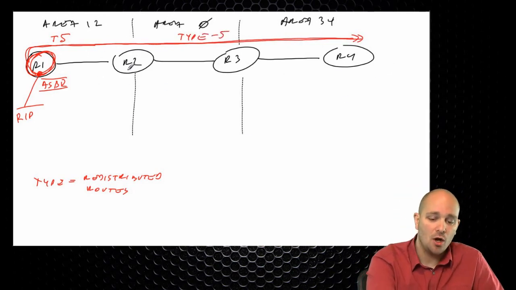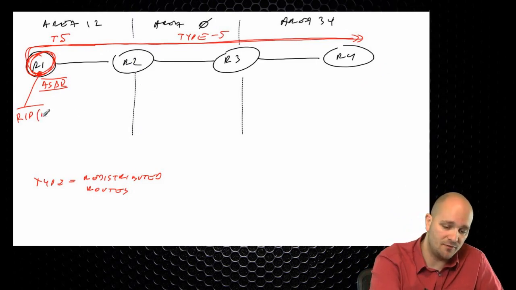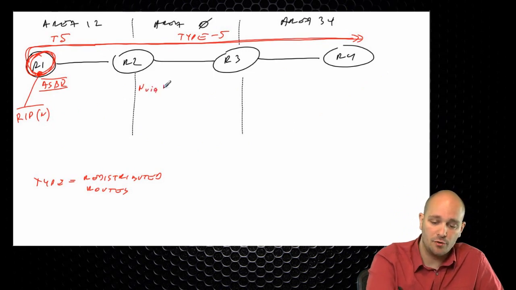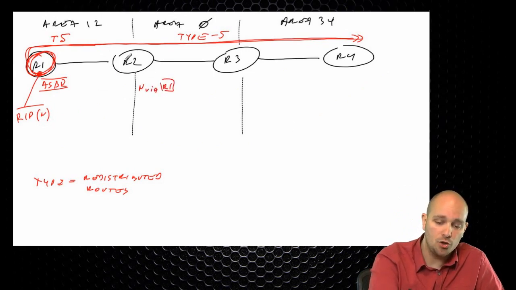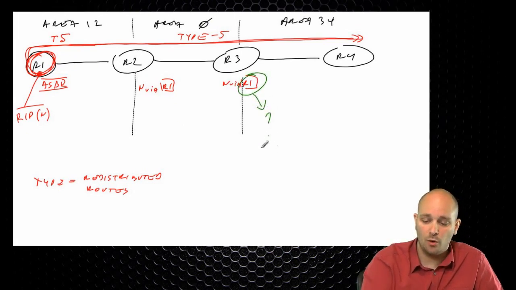So here on R2, we are going to have the information that, let's say we have network N here, that network N is reachable through R1. Now, R2 knows who R1 is, but this same information will be visible on R3. Now, R3 here has a problem. Who is R1?